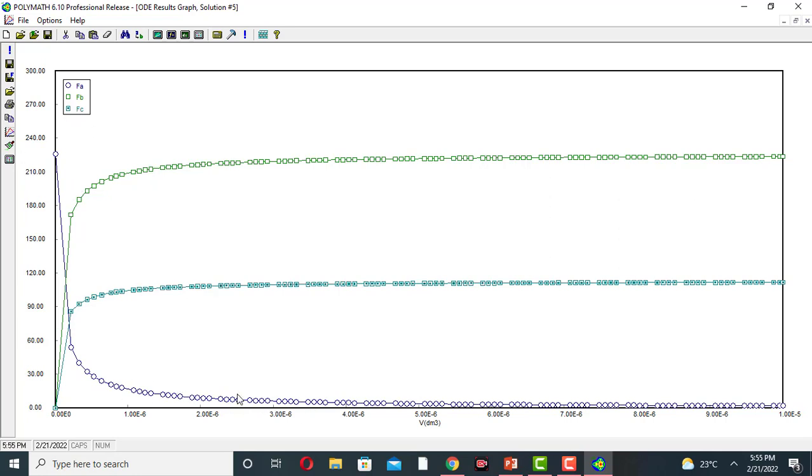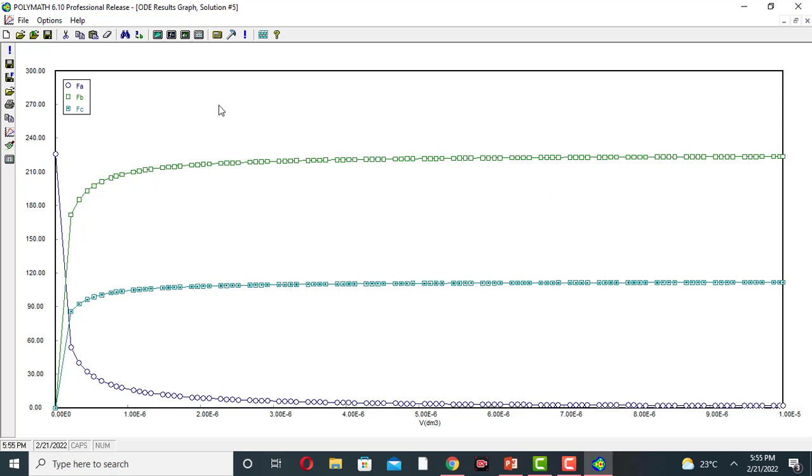The FA value at this point is 3.39 mole per second. So at this point the volume of reactor will be 7.00 multiplied by 10 to the power minus 6 dm cube. So this is the volume of the reactor at which 85% conversion of A is occurring.